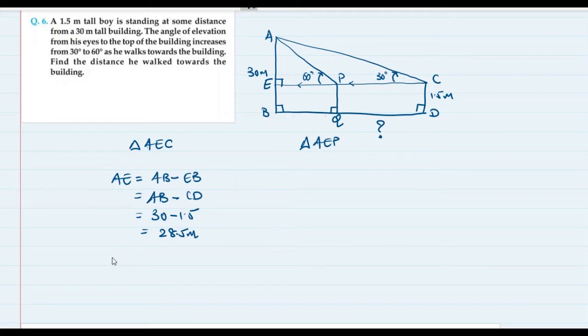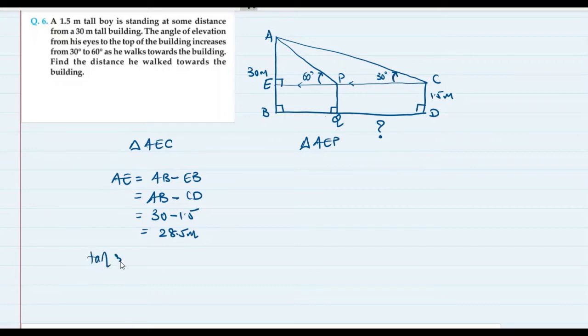Now, in triangle AEC, we know AE and we have to find EC. Let's find EC. If you see this angle 30 degrees, EC is the adjacent side to this 30-degree angle, and AE is opposite.